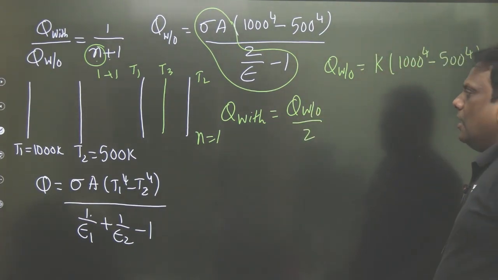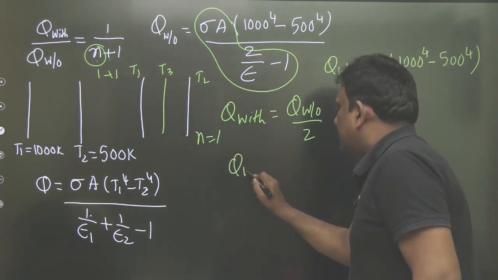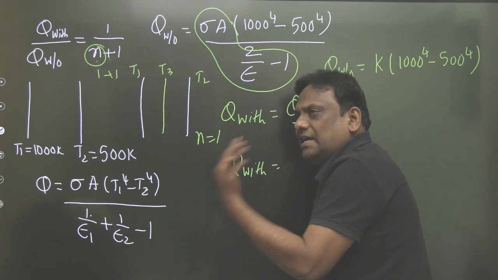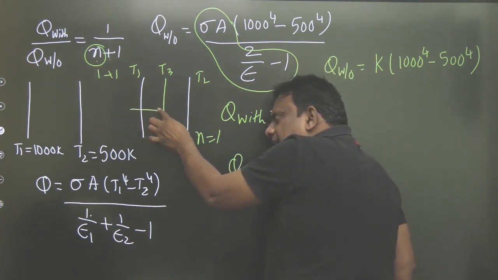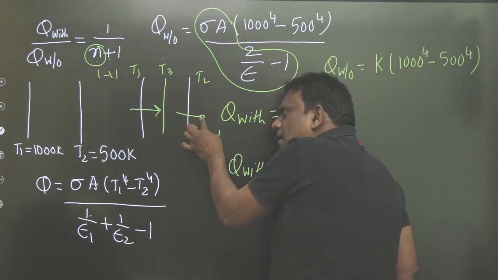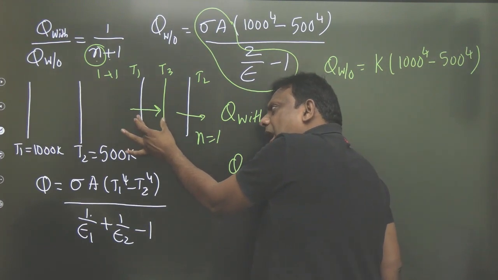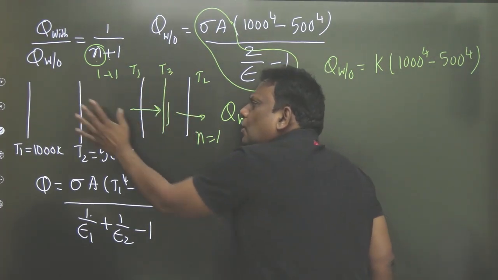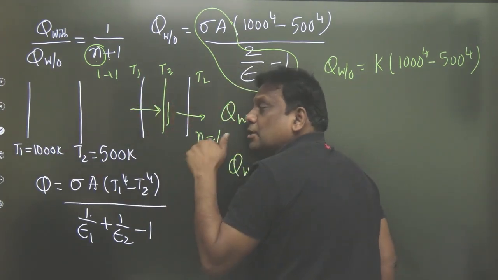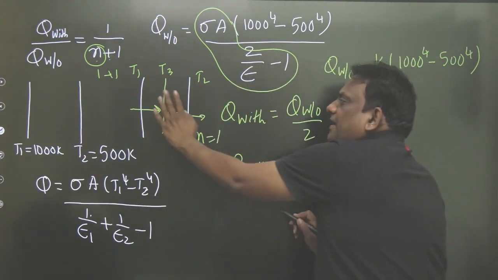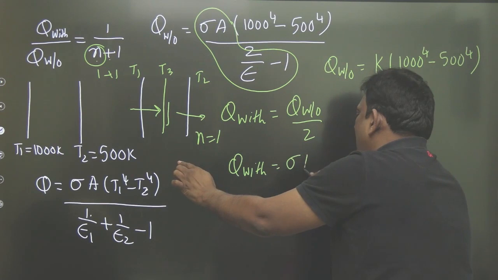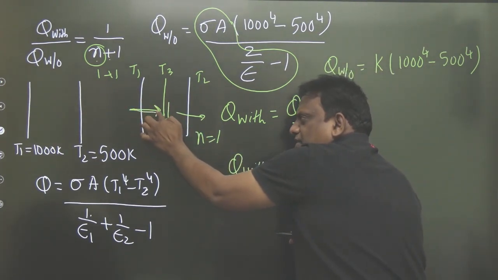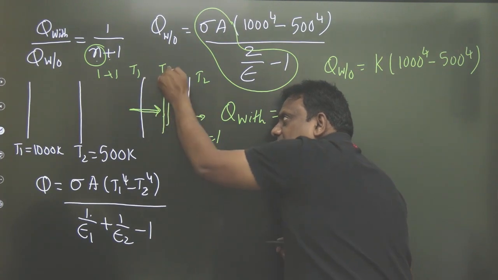Now, can you tell me what is the heat transfer with shield? Very simple, sir. It is a steady state. Whatever heat is entering here, the same is leaving here. So to calculate heat transfer, I can apply it either between these two or between these two. It is similar to parallel plates. Now what will your equation be? With shield, this is T1, this is T3.